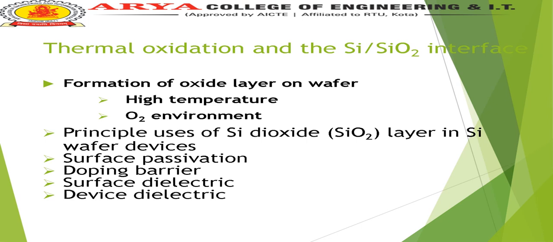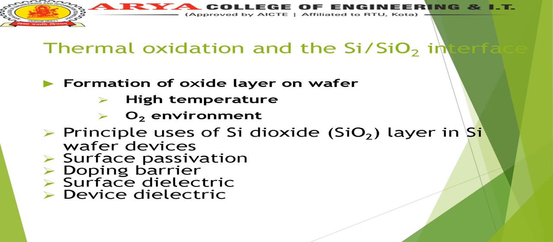This insulator layer prevents contact between the charge carriers present in the silicon and the charge carriers in any metals above, so they do not directly contact each other. So oxidation is the process we use to create a dielectric layer.